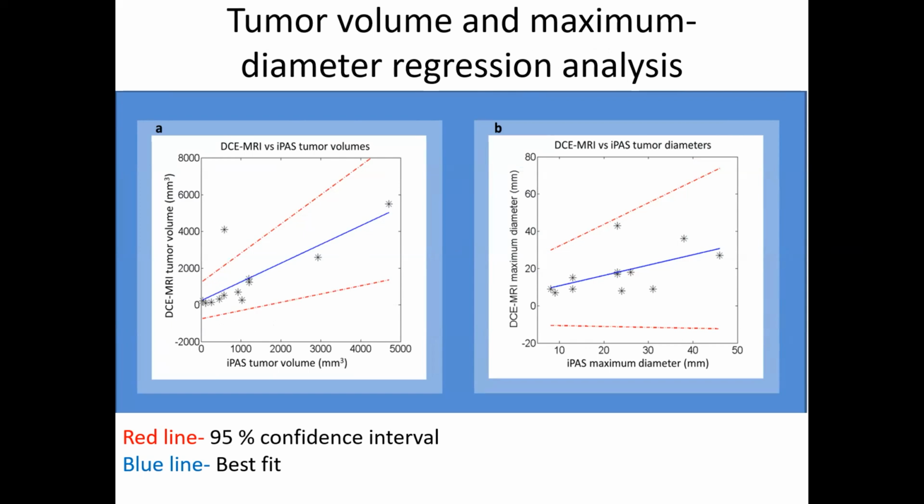And what you can appreciate here is the tighter fit and narrower confidence intervals for our volumetric study as compared to the diameter study on the right, where the values tended to vary from the standard, the established values quite a bit more.